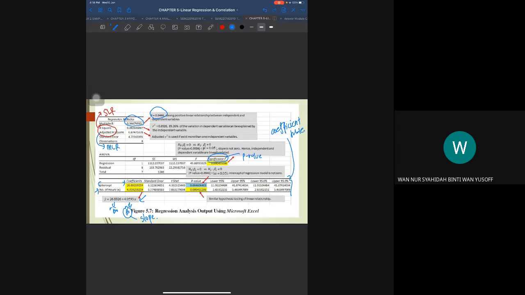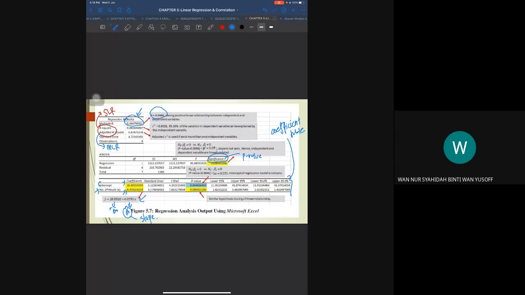If your beta 1 here is positive, then we read the R here as positive. So in this case, we have a positive beta 1, then R is also positive. So we have a positive direction for the R.